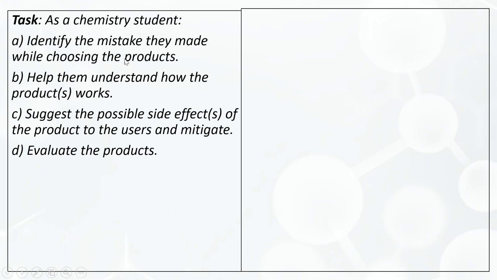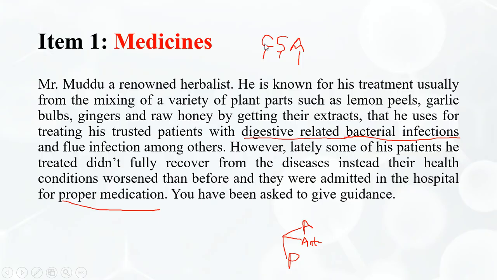Like now, you could have written down these tasks. You first check yourself. Have you passed it or not? At the end of it all, when I bring up my responses, you'll be able to score yourself. So we have seen in the scenario that the disease this person was treating was bacterial infections.